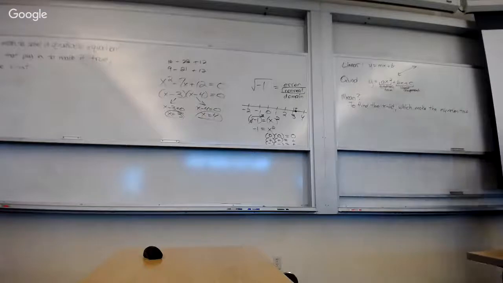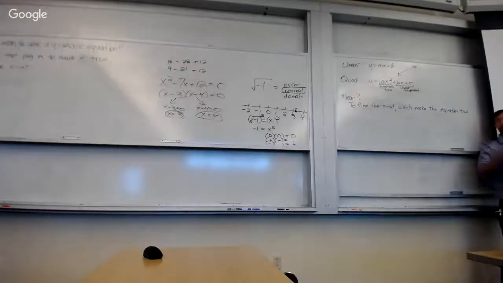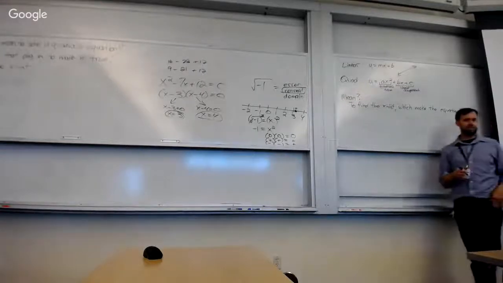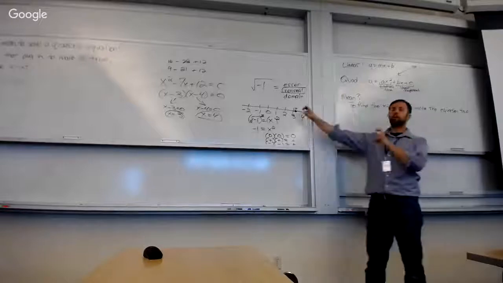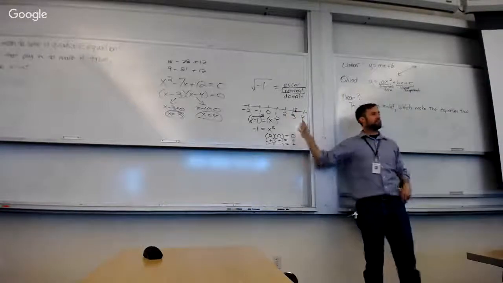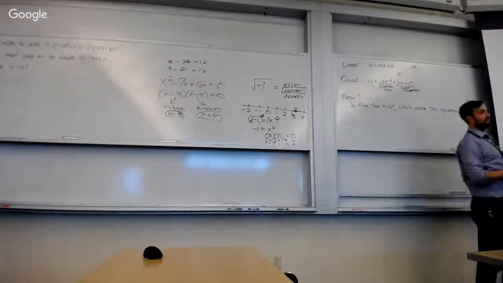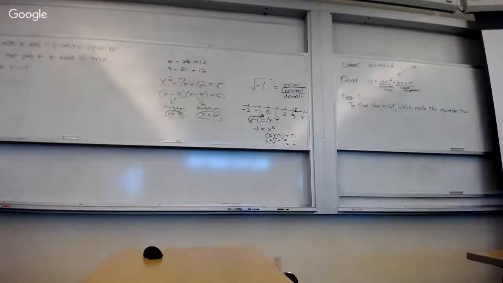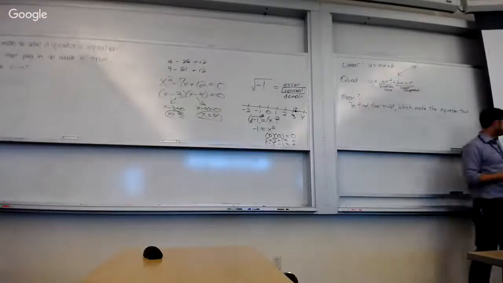Here, there are 2 numbers from the number line that you can plug in to make it true. Here, there's 1 number. And here, there are no numbers from the number line. It might sound like a very subtle distinction, throwing in the phrase from the number line. But we want to be clear that we're just talking about the number line when we talk about 2 solutions, 1 solution, no solutions.